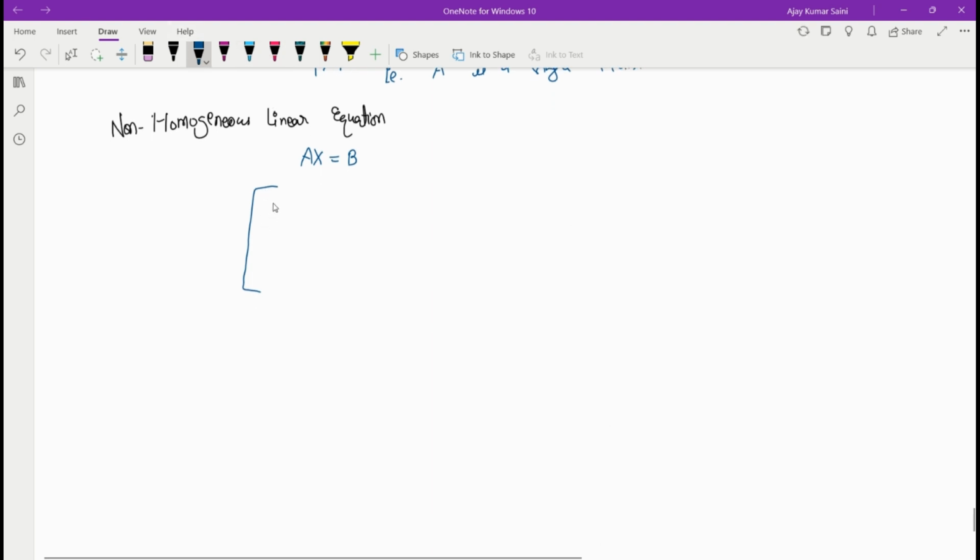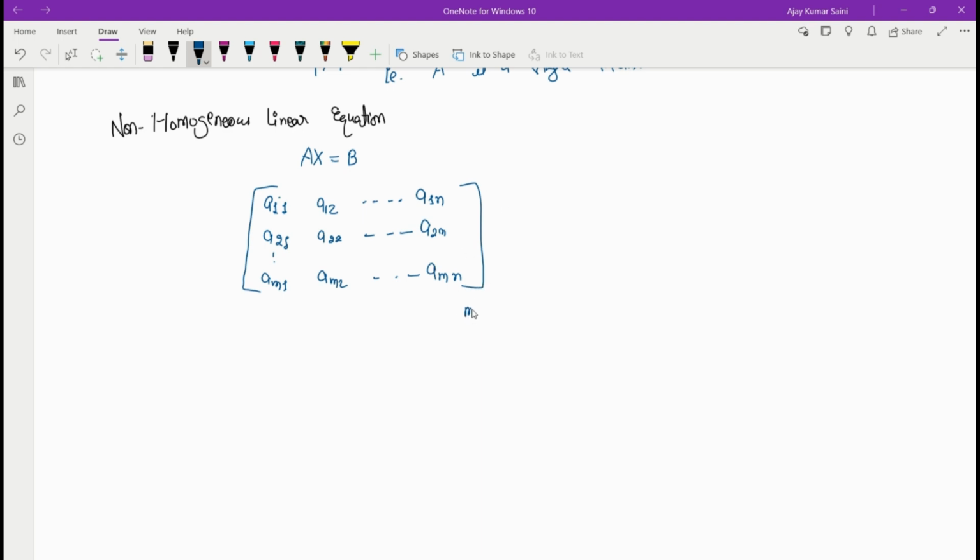In the non-homogeneous case, this is not equal to 0. So I write a11, a12 till a1n, a21, a22 till a2n, am1, am2 till amn, of the order m by n, same as previous.